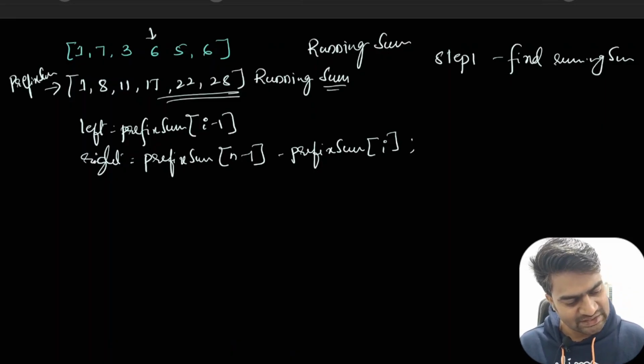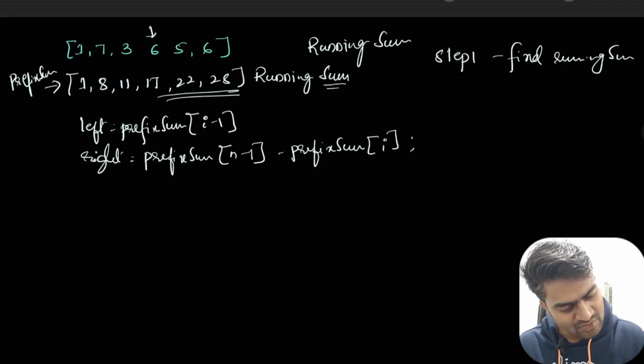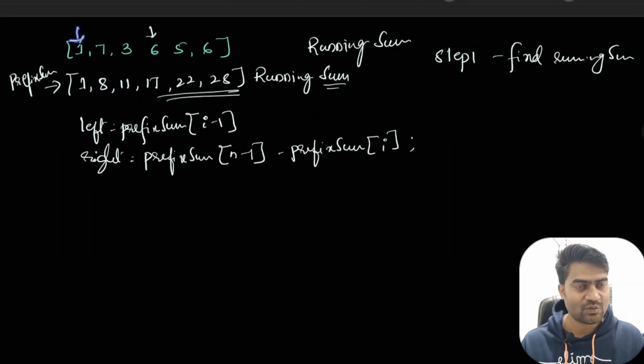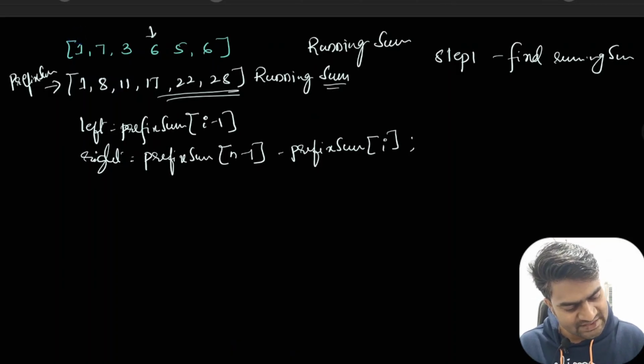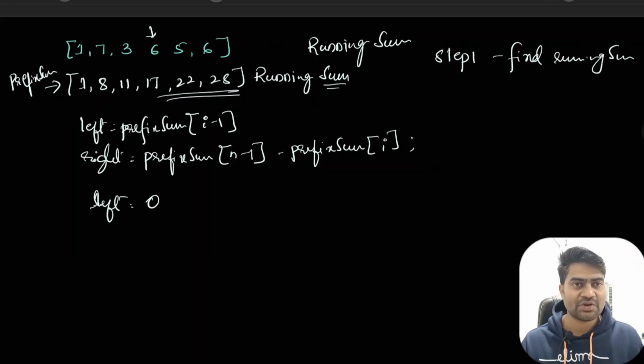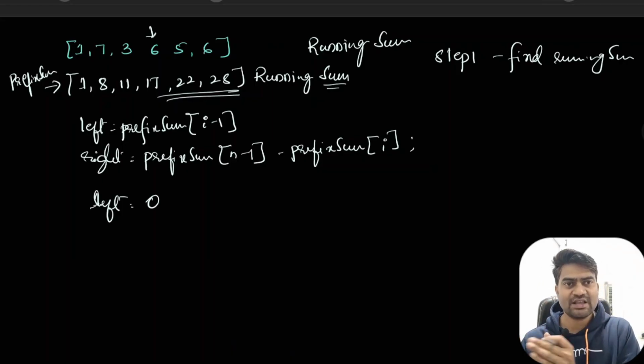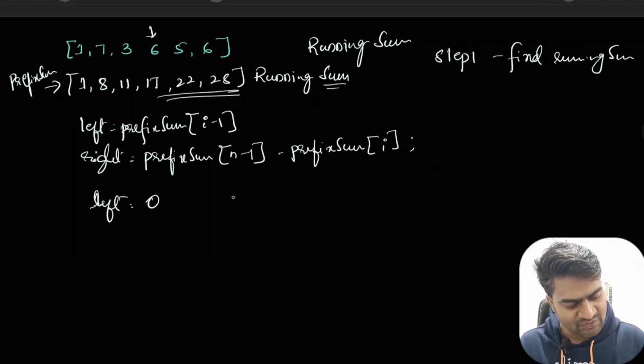Let us quickly look into its dry run. We have already seen it, but just for understanding, let us see. Now assume I am standing at 1. Then my left will be 0, because I'm standing at the first number and there is nothing before that.